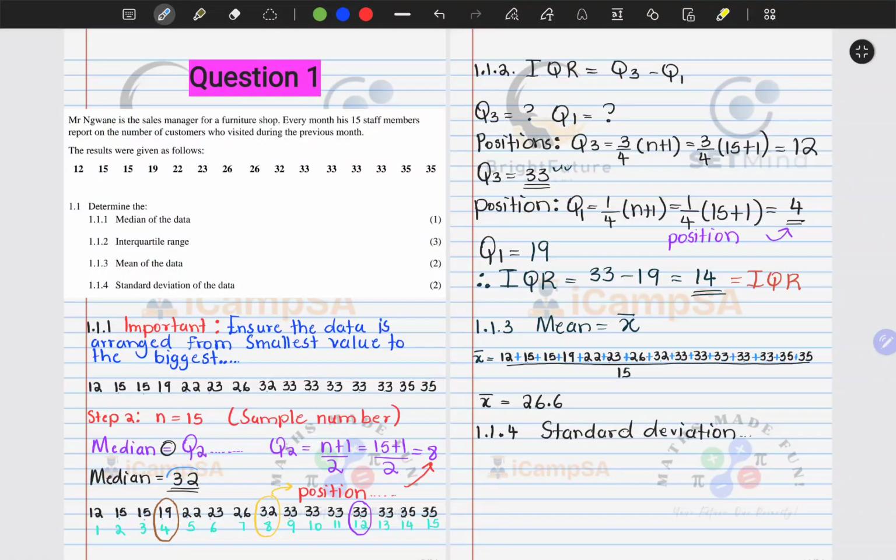So Q2, the median, is 32. Okay. But the mean, we found it to be 26. So if you look carefully, our median is greater than our mean.